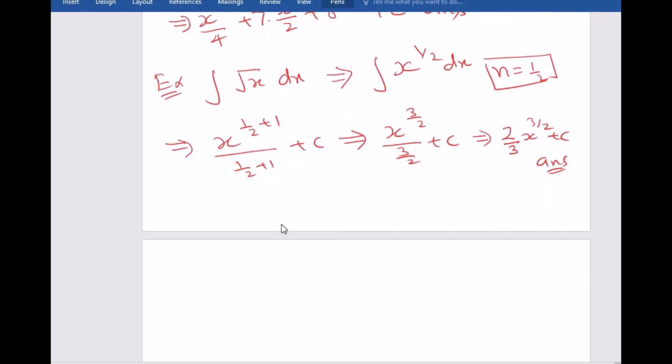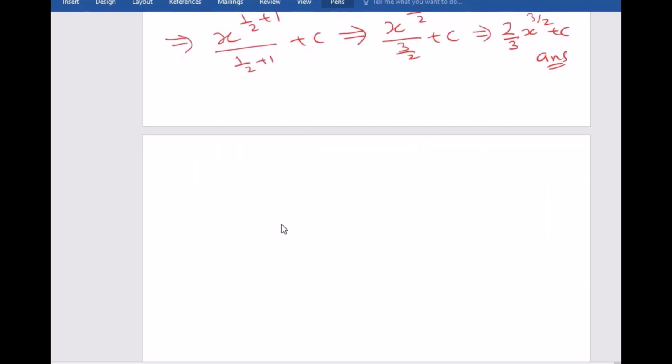Now I am going to take another example. If the question is given as the integration of 1 divided by the 5th root of x dx, we can simplify it by using the algebraic way.